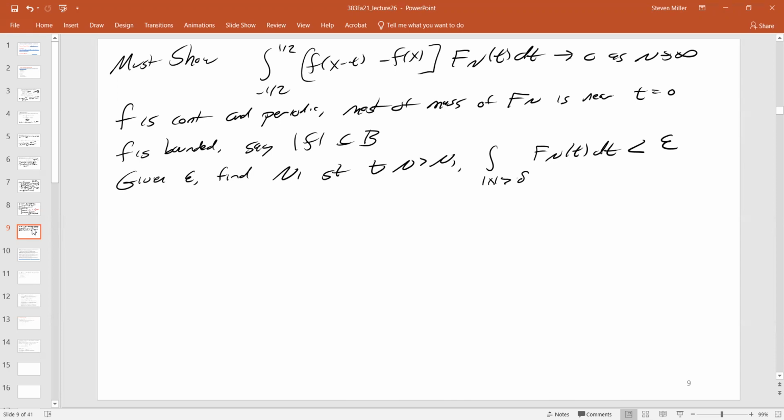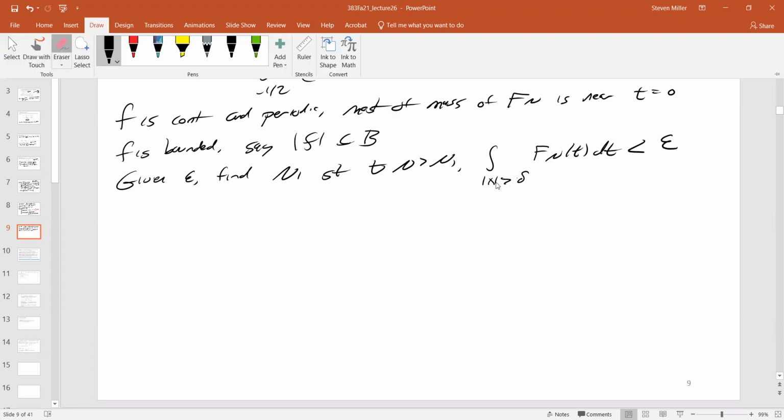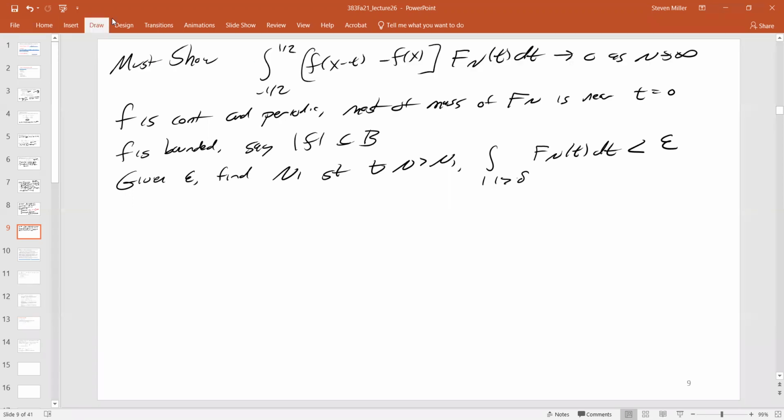Can I do this? So I'm fixing a delta, and I'm just saying if I choose n to be sufficiently large, then the area under Fn of t for absolute value of t greater than delta is negligibly small. So why is this true?